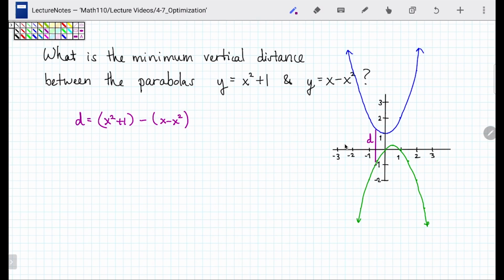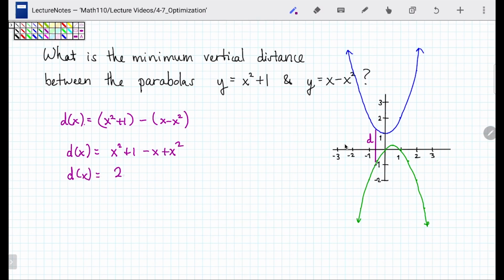I should point out distance is a function of x. Let me simplify this a little bit. D of x equals x squared plus 1 minus x plus x squared.